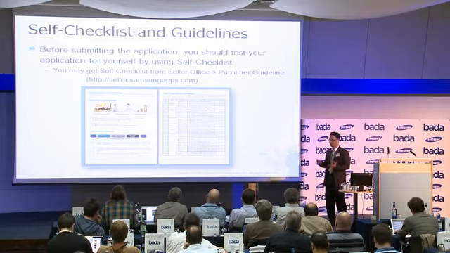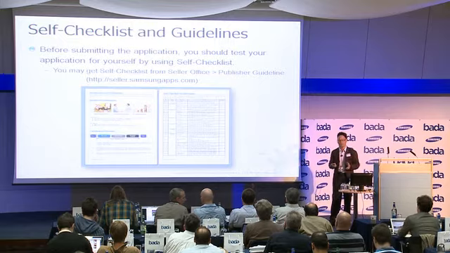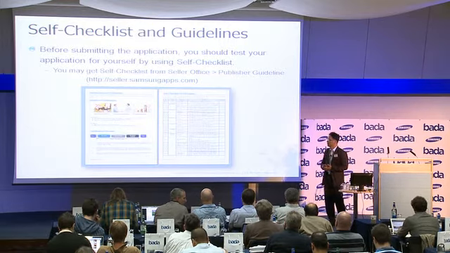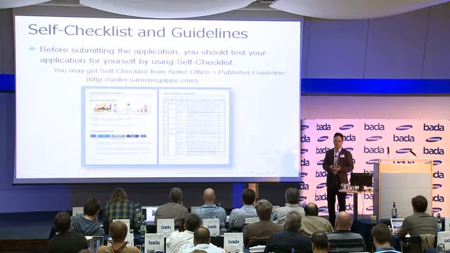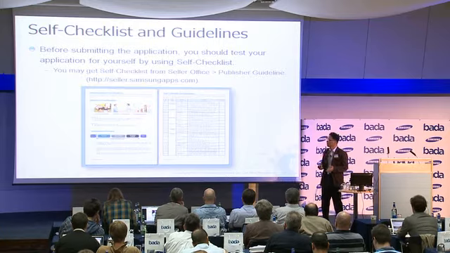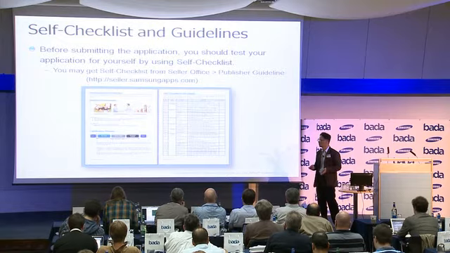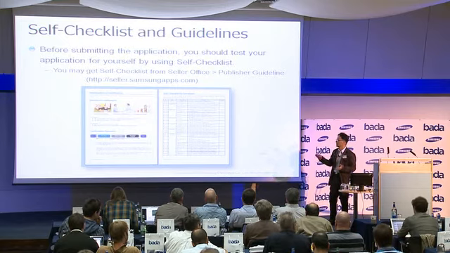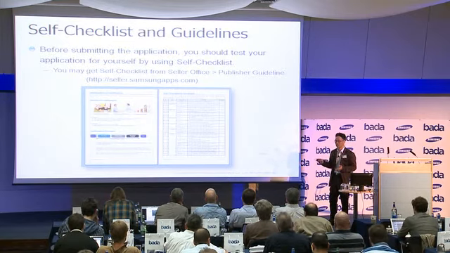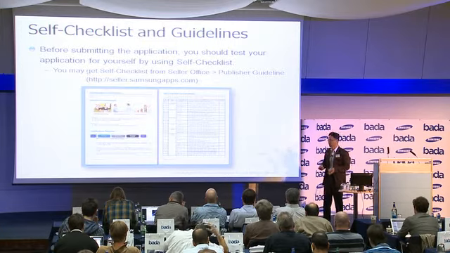For example, the seller-provided icon image must be the same as the actual application's icon image. Another example is splash image use. In the case of bada, you must use your own company's splash images, not the bada default one. Like this, very simple but easy-to-miss items are defined in this self-checklist. So I strongly recommend you check the self-checklist before you make a submission.